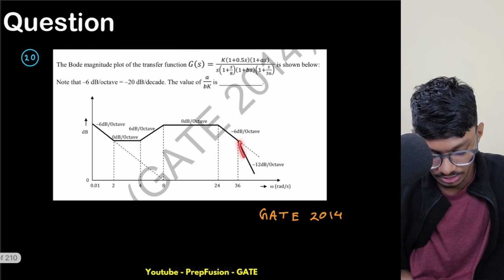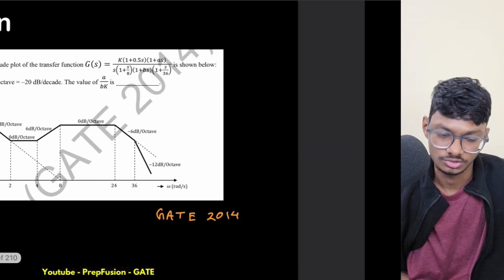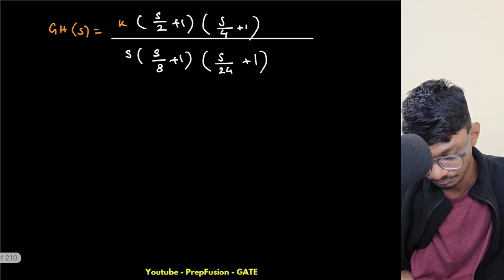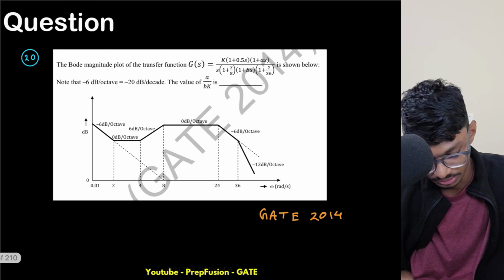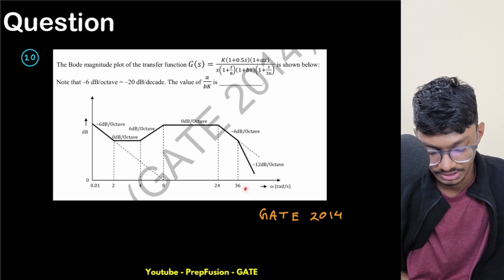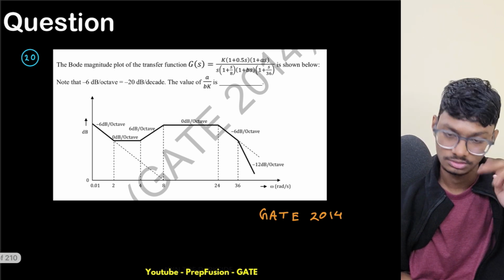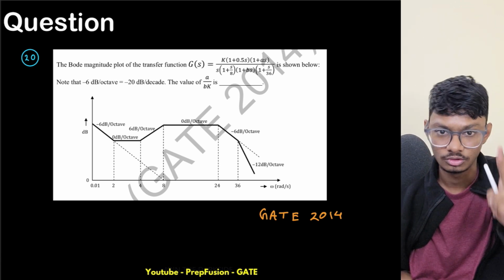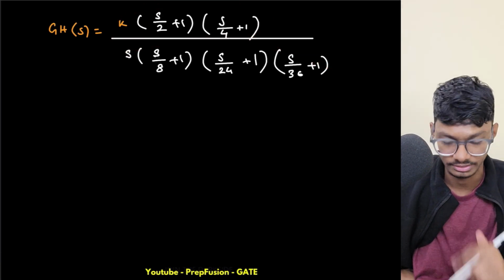Next, I have another pole at omega equals, sorry, 36, because here the slope is further reducing to minus 12 dB per octave. So it is ending at minus 12 dB per octave. That means the number of zeros minus number of poles should be equal to minus 2. Here number of zeros is 2, number of poles is 4, so total minus 2. Yeah, that is fine. This is correct.